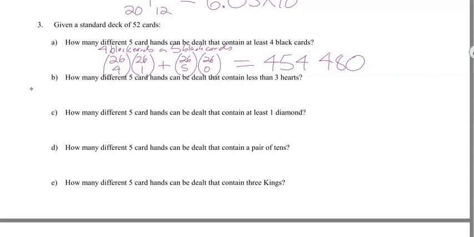And if it had read no more than 2 hearts, you would have said 0 hearts, or 1 heart, or 2 hearts. Right. So just make sure that you're interpreting the wording correctly. So 0 hearts, or 1 heart, or 2 hearts.